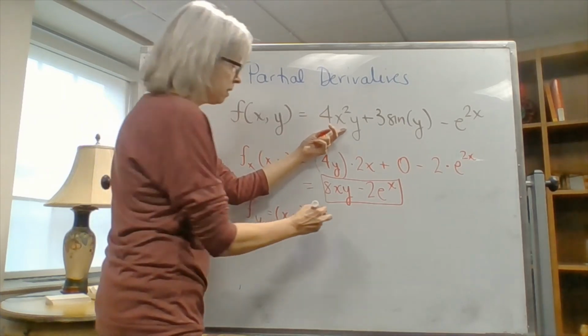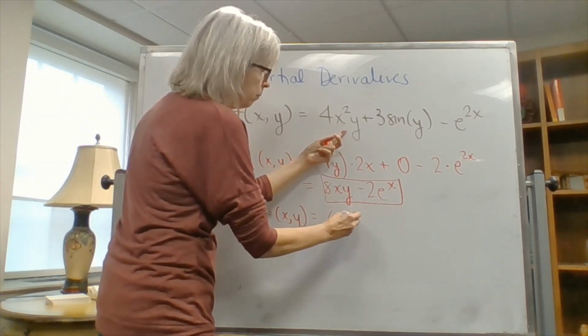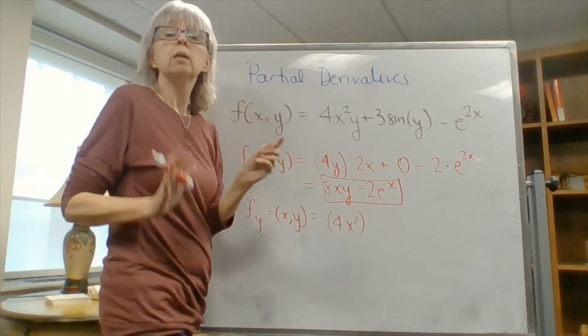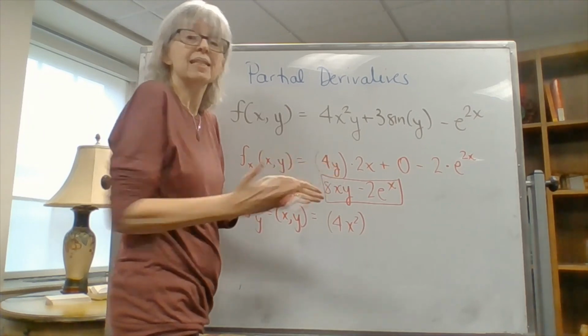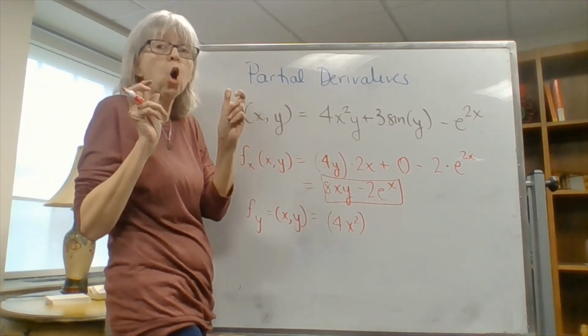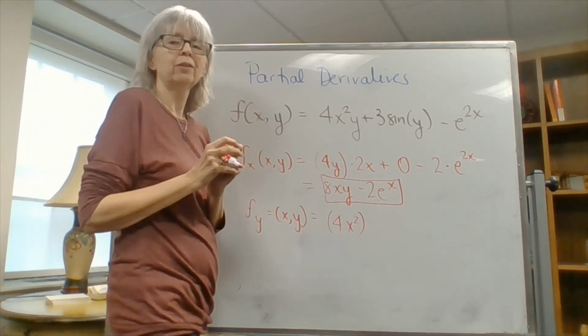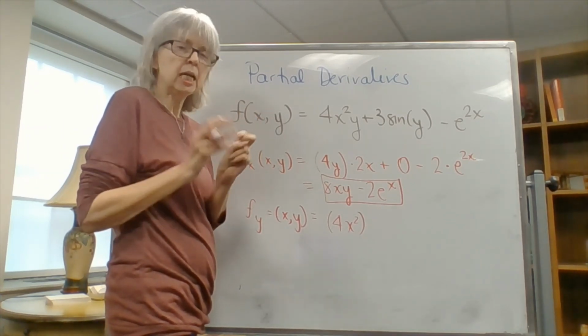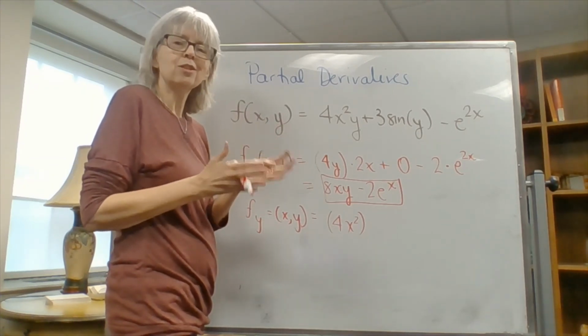Hold x constant. That means 4, which is already a number, and x squared is going to be treated like a number because I'm not changing x. I'm only changing y. This is a partial derivative. I am partially looking at my change in z. I am not looking at what x does to the change in my height.